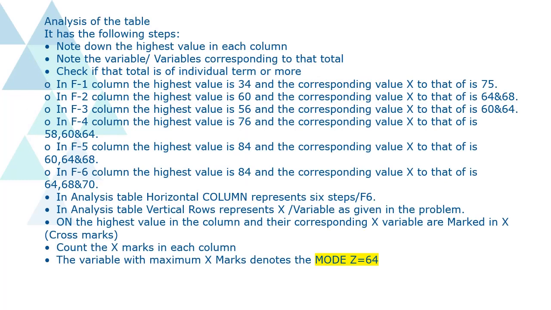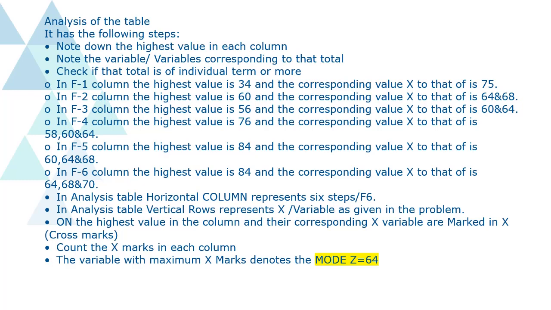This slide explains the analysis table wherein the highest value is marked in each column, after which the variables corresponding to that total are noted, after which the totals of each individual term are checked, and the F1, F2, F3, F4, F5 and F6 columns' highest values and the corresponding X values, one or more, or three values, are cross marked in order to find out the mode.